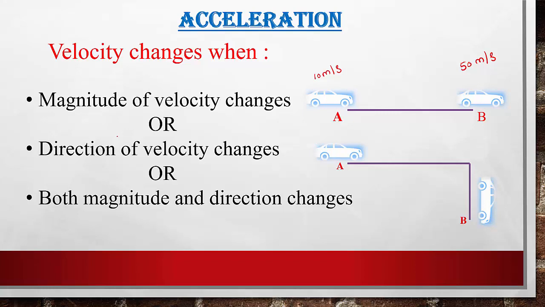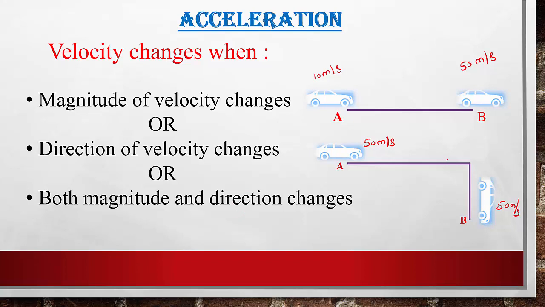So velocity changes when the magnitude of velocity changes or the direction of velocity changes. Suppose the car is initially at point A having velocity 50 meter per second. When it reaches point B, it again has the same magnitude, 50 meter per second. But what about the direction?